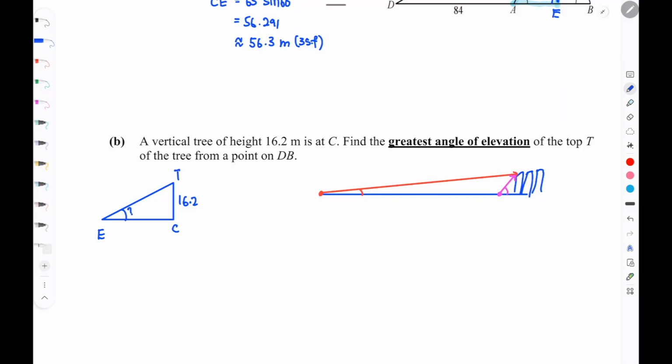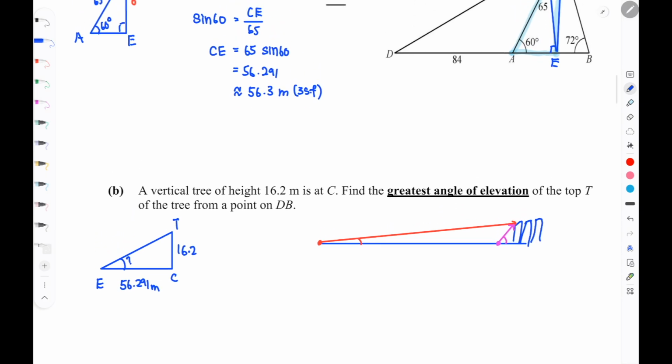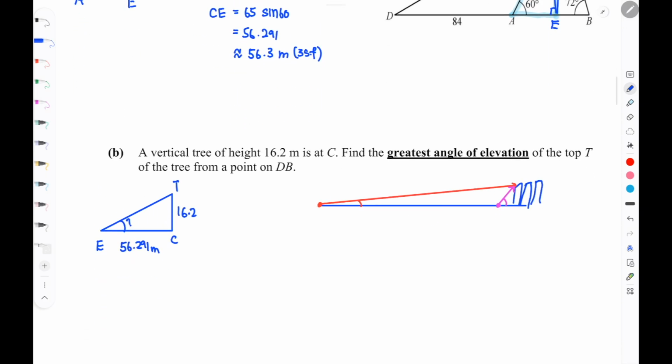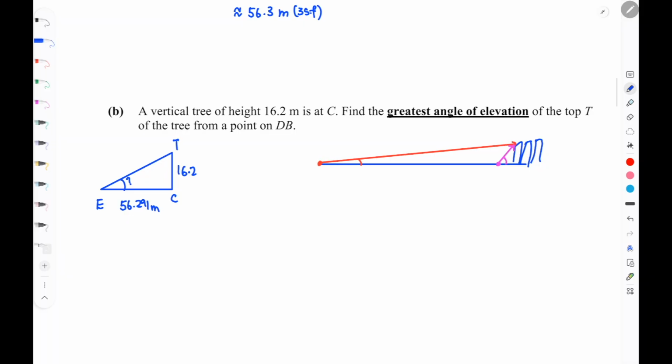They want me to find the angle of elevation. Okay, from part A, I also found what EC is already. It's 56.291. Okay, this is the shortest distance I have from BD or DB to the tree. Okay, so using this triangle, I have my opposite, I have my adjacent. I can use tangent. So tangent angle TEC equals to 16.2 over 56.291.